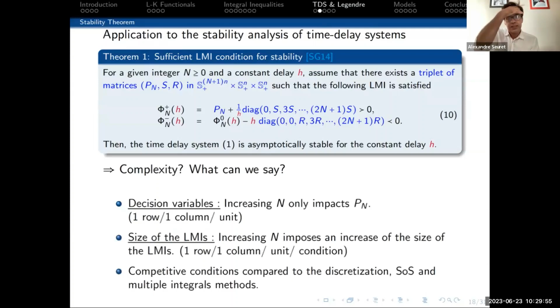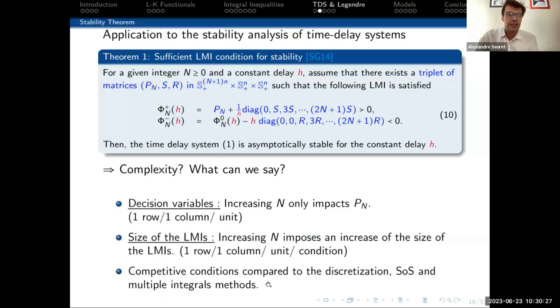So what about complexity? If you look at the expression here, the number of decision variables increases with n. Each time you go from n to n plus 1, you add a row and a column. And the size of the LMI is also affected by 1 when you increase the discretization, the polynomial order.